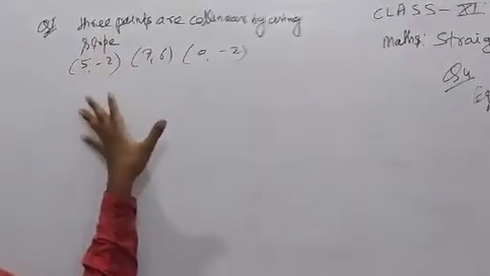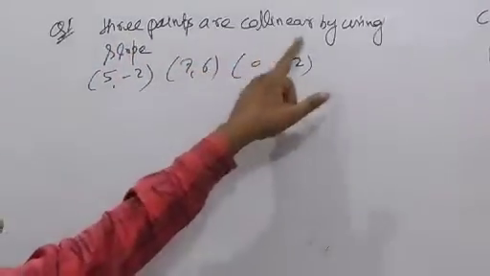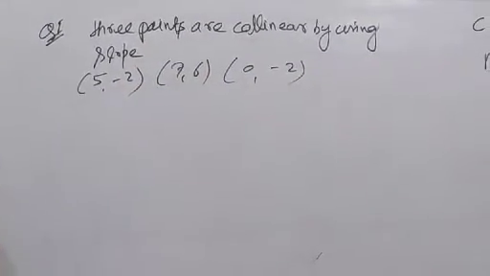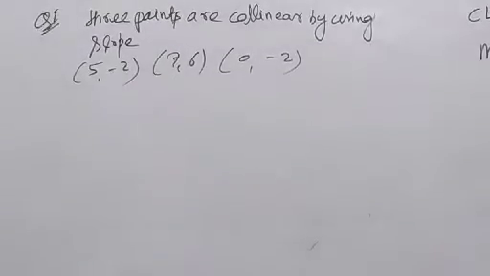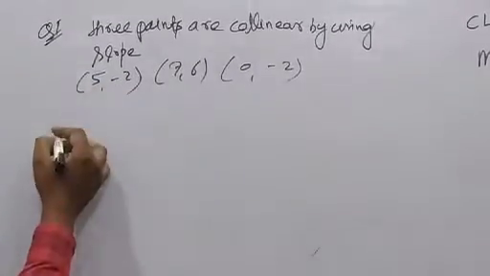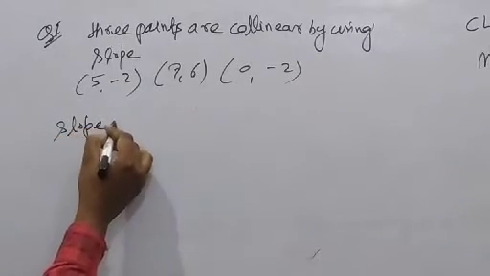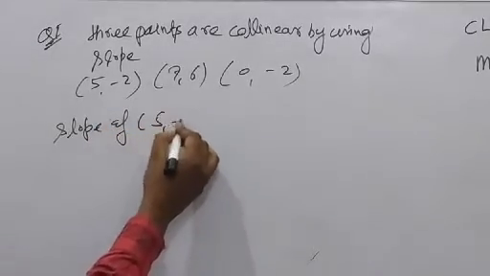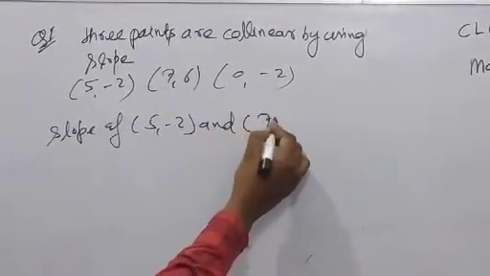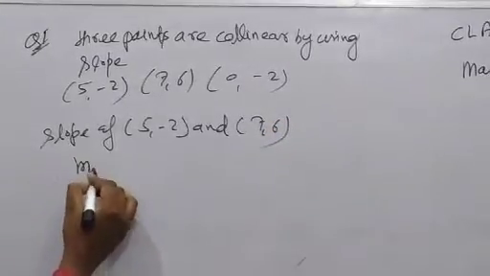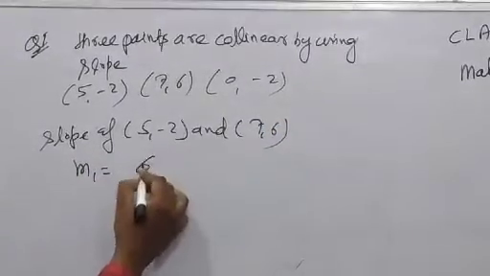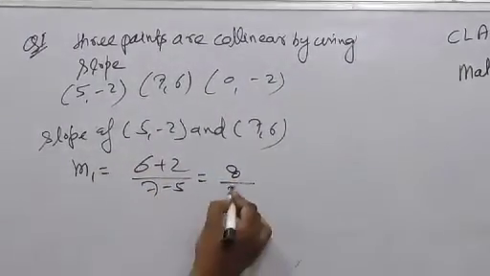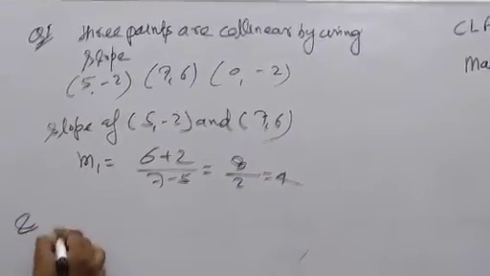Now in this question, we have to check by using slope whether the 3 points are collinear or not collinear. Take the slope of the first two points, suppose m1 is equal to y2 minus y1 upon x2 minus x1, 8 by 2 is equal to 4.